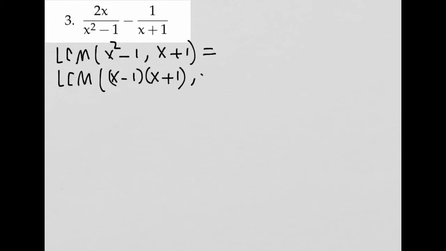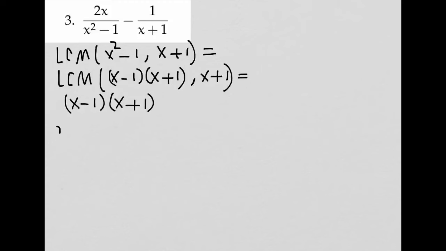And x plus 1 is simply x plus 1. So the least common multiple is simply x minus 1 times x plus 1.